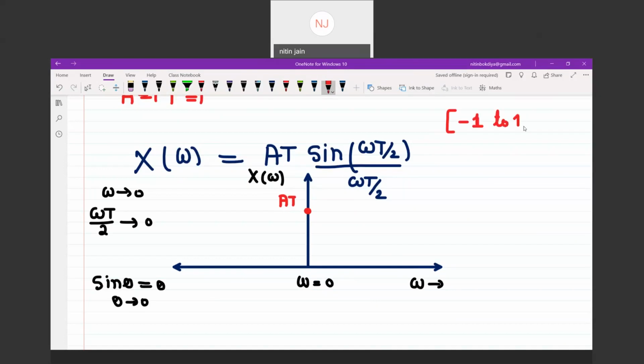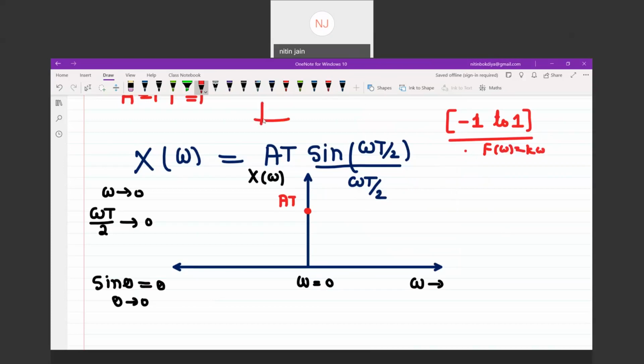Now, the numerator will oscillate between -1 to +1. In the numerator you are having a sinusoidal waveform, and in a sinusoidal waveform it oscillates between -1 and +1, and the denominator is a linear function of omega. This is a function of omega, equal to k into omega, which increases.